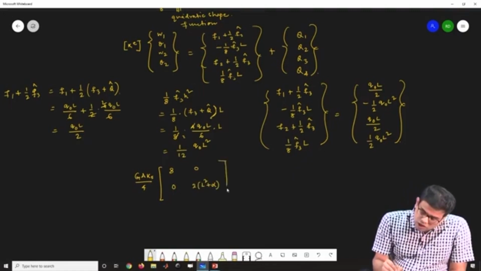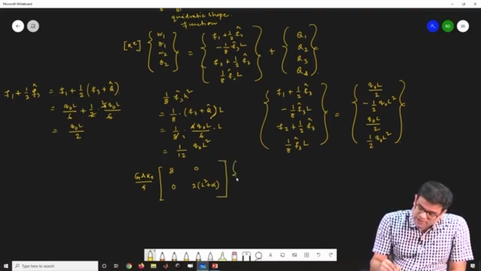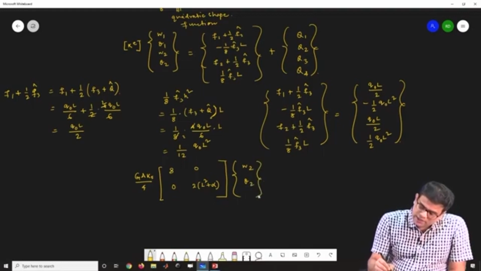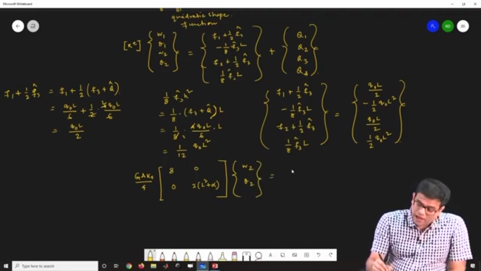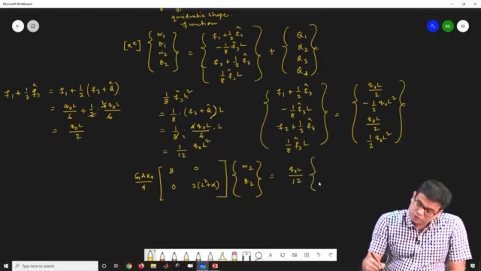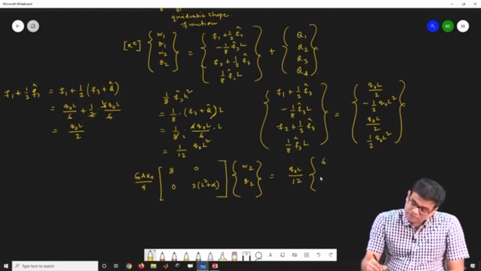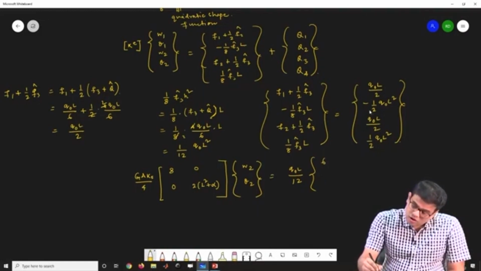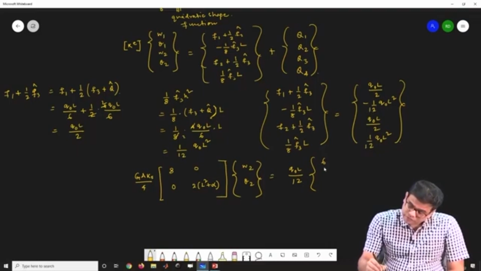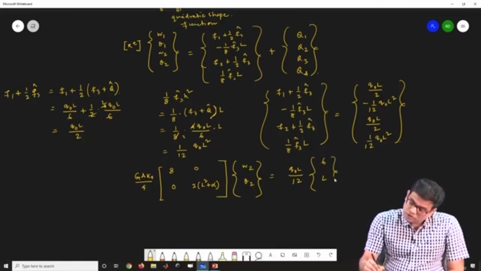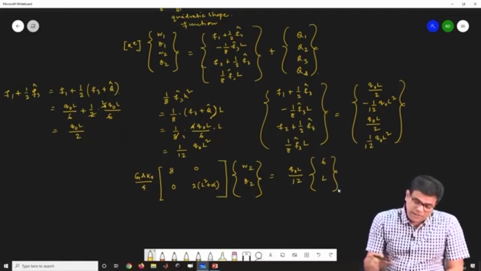So now this is actually W2 theta 2, and essentially what we will have is Q0 L by 12, that is equal to 6 by L. Okay, so that's what we'll get.